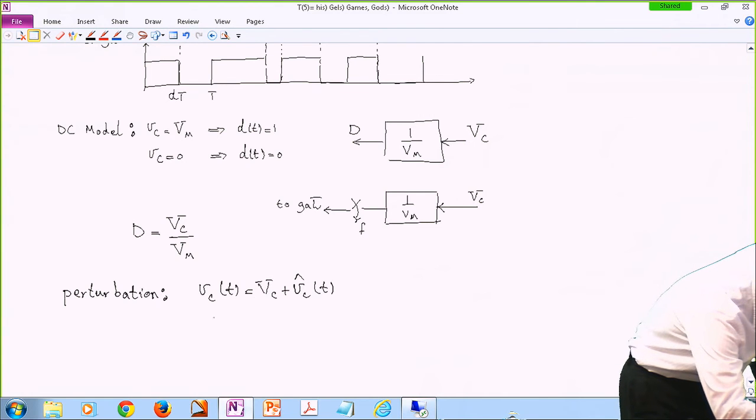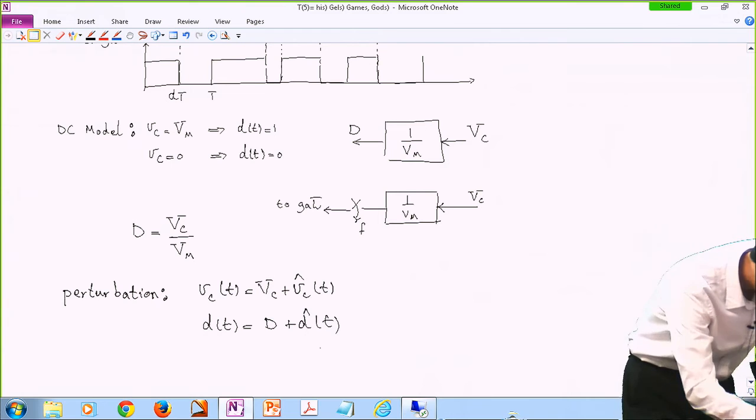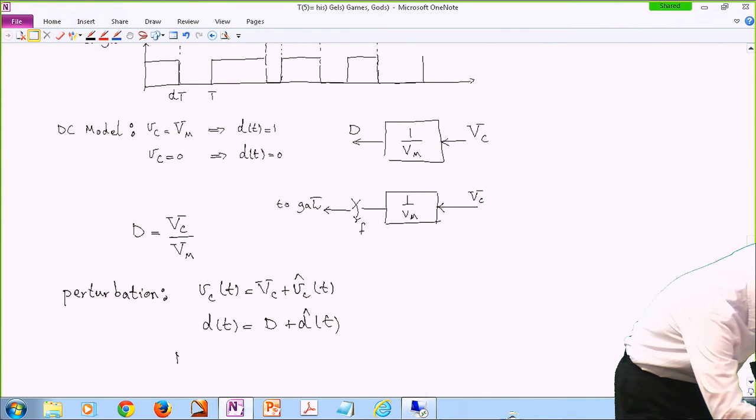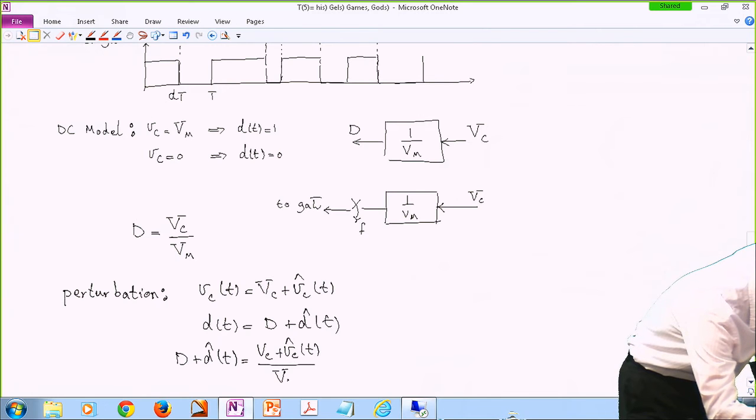And that would result in a duty cycle that has a DC value and some perturbations. Okay, so I'm just going to plug this into my average model. And Vm is constant, it never gets perturbed.